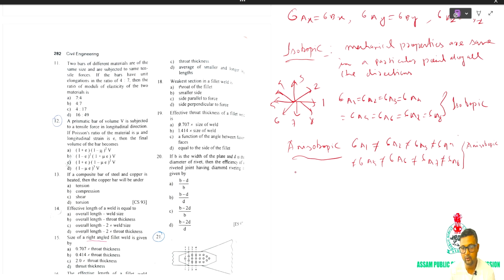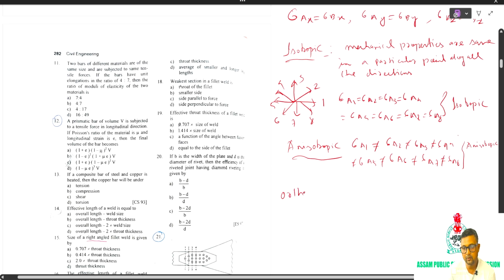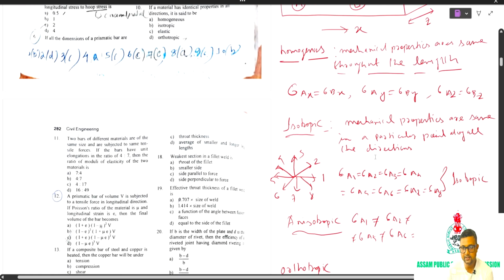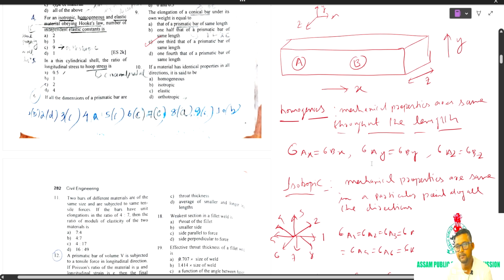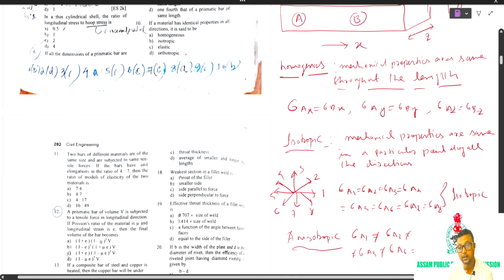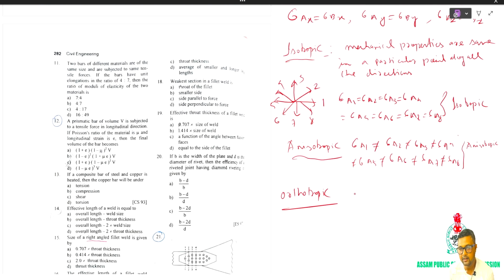Now, what is orthotropic? If the mechanical properties are the same along 3 perpendicular directions at a particular point, that means suppose I take sigma x, sigma y, sigma z along 3 mutually perpendicular directions.